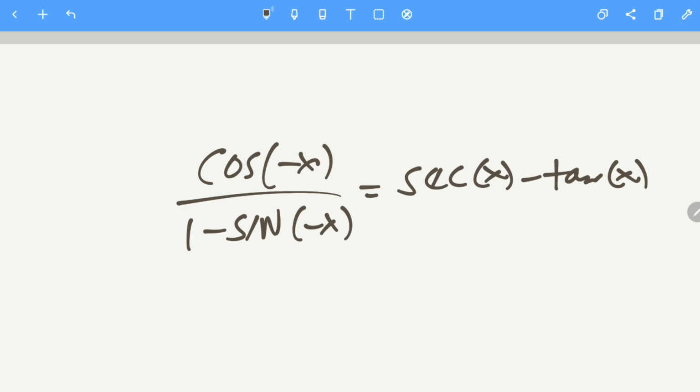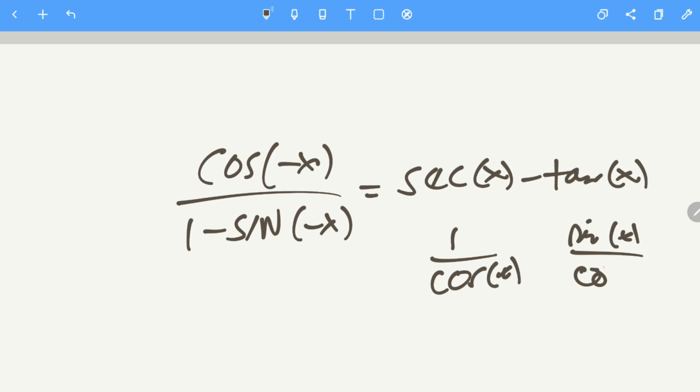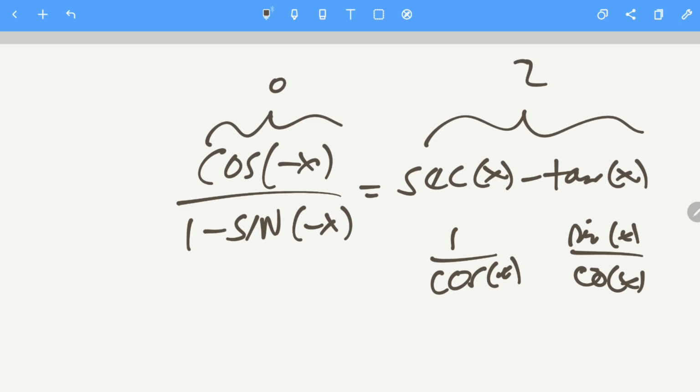The number of compound trigonometric functions, on the right we have 1 over cosine, and tangent is equal to sine divided by cosine. So we have two compound trigonometric functions on the right, and here we have 0.